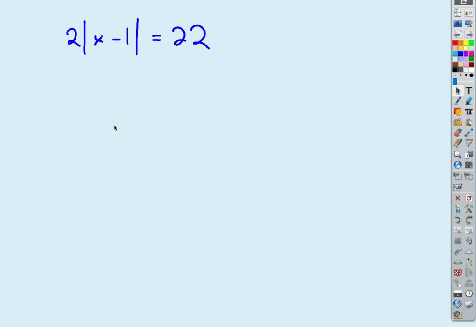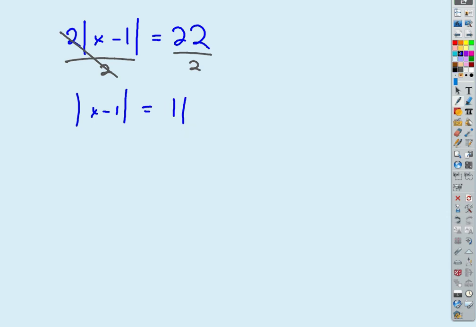Okay, we divide by 2. How come? Perfect, because we have to isolate the absolute values. We can't do anything inside the absolute values, right? So the very first step is going to be, we're going to divide both sides of the equation by 2, which is great. And that gives us the absolute value of x minus 1 equals 11.